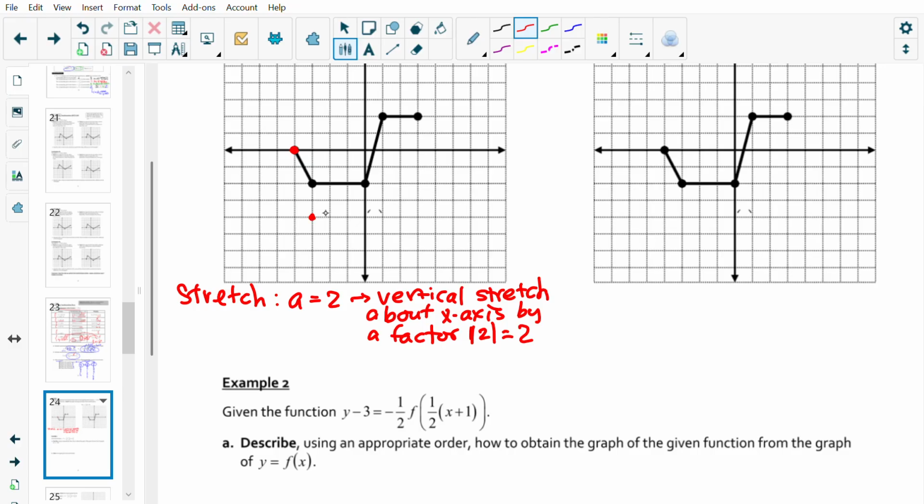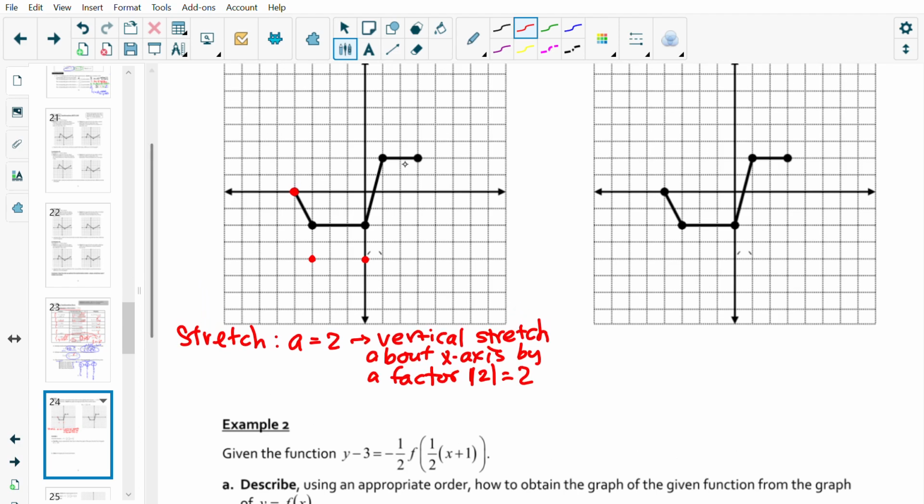If I double 2, that's 4. If I double negative 2, negative 4. Okay, this one I will draw just a dotted line, folks, because we're part way there.